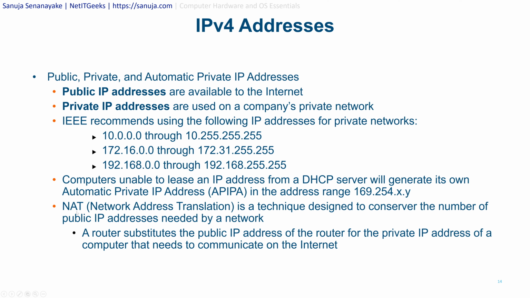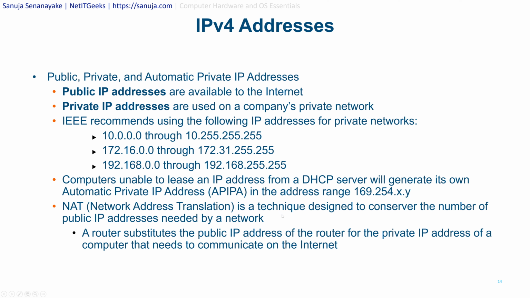NAT, which I have mentioned to you multiple times and is very important in IPv4 addressing, stands for network address translation, and it is a technique designed to conserve the number of public IP addresses needed by a network. So remember, I mentioned within your house you can have many devices connected through a 192.168 IP addressing scheme, but you only need maybe one public IP address.